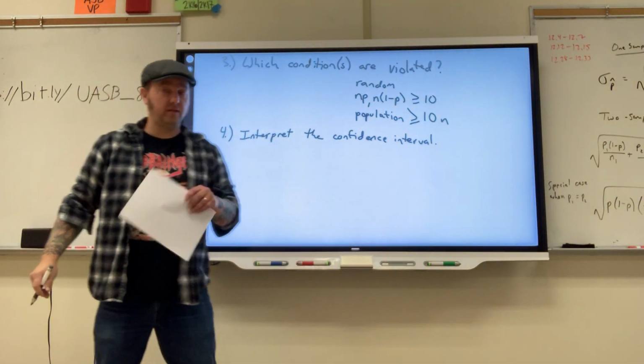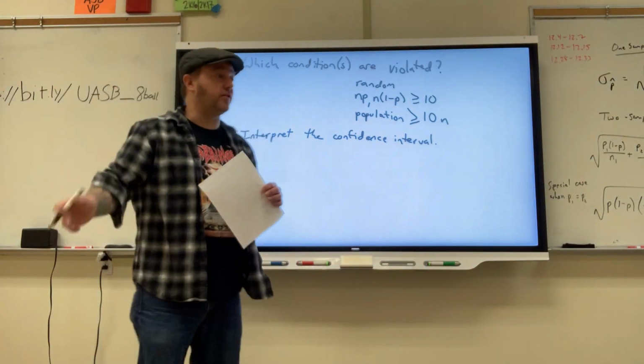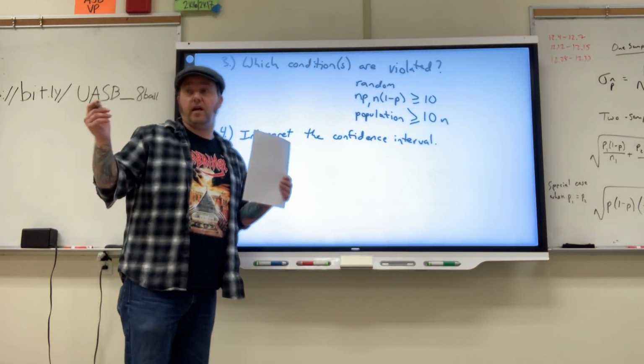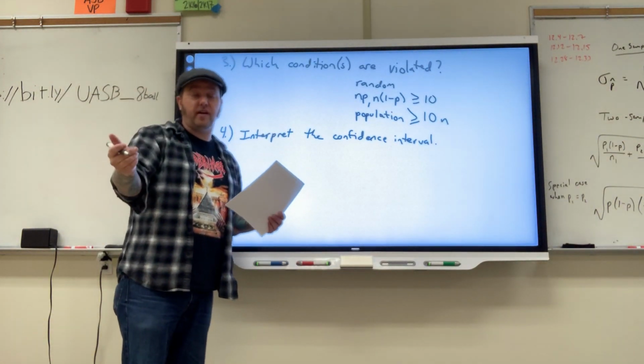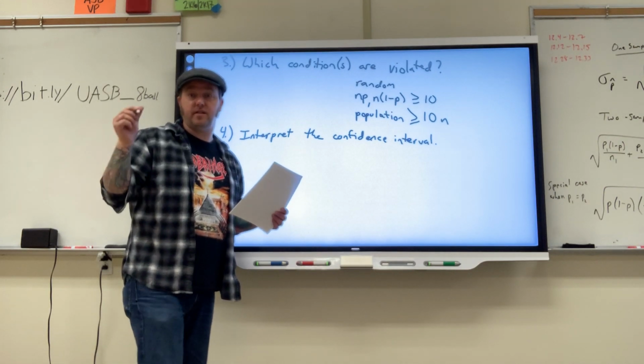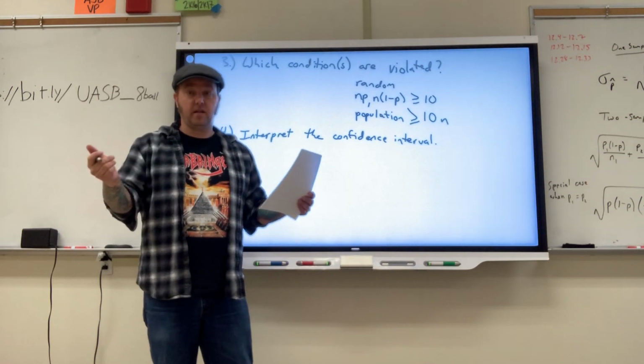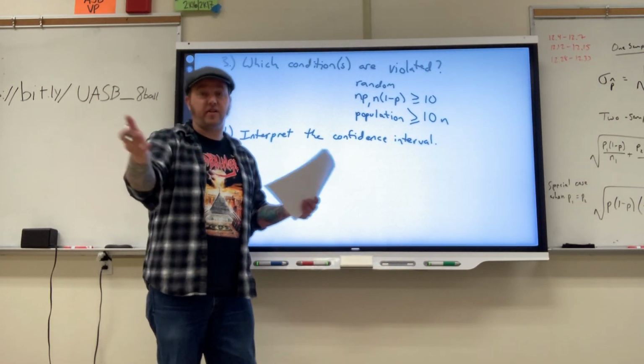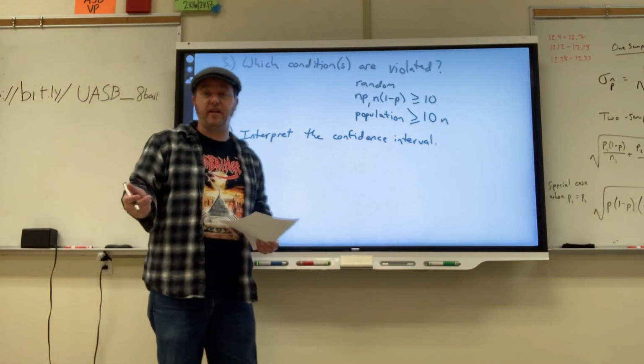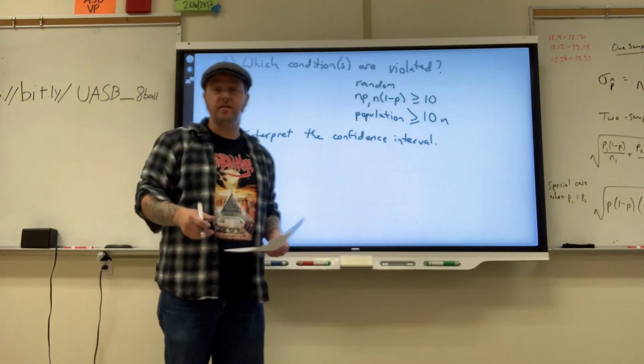Okay, so interpret the confidence interval. If I said something like, we are 95% confident that 7 to 13% of the population is left-handed. Okay, what does that mean?